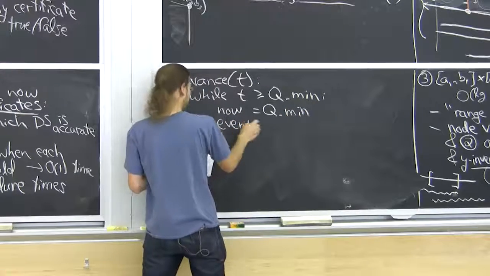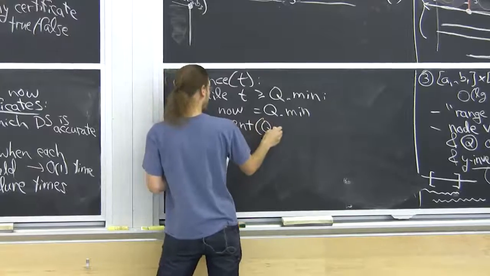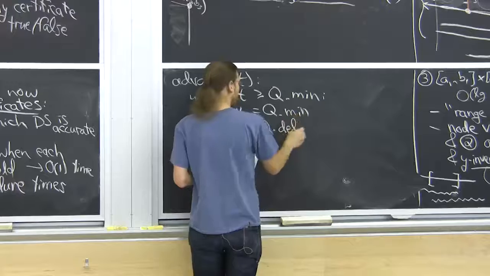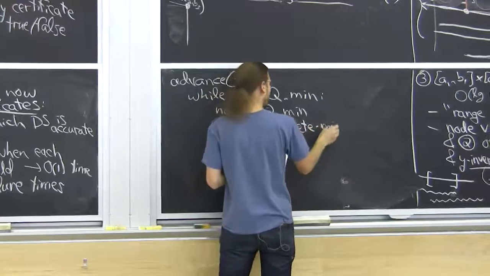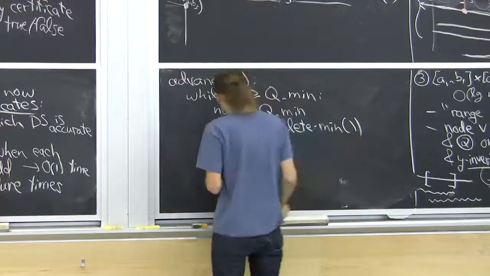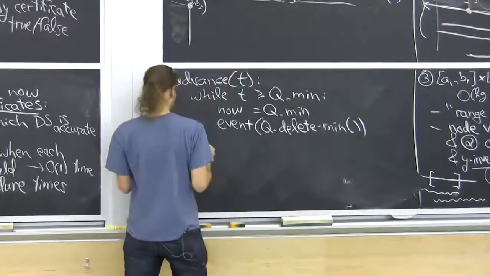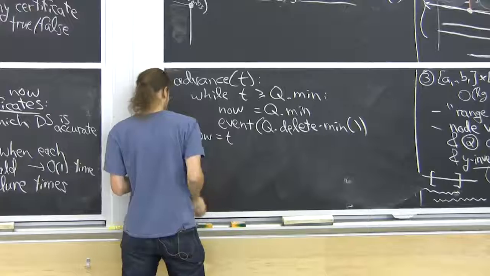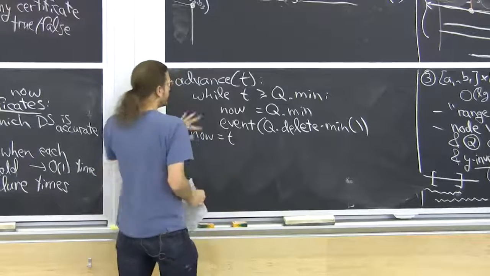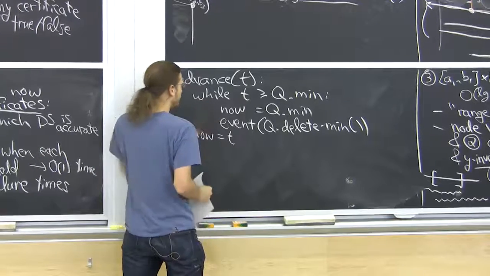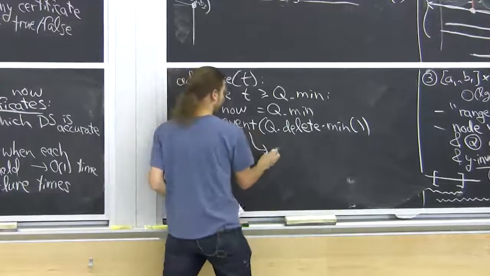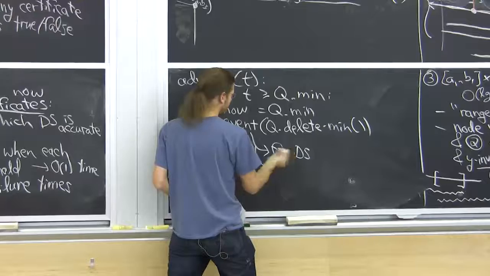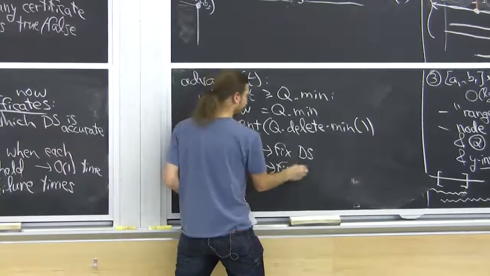We do an event, and then we set now to t. And this event thing has to somehow fix the data structure and fix the certificates.